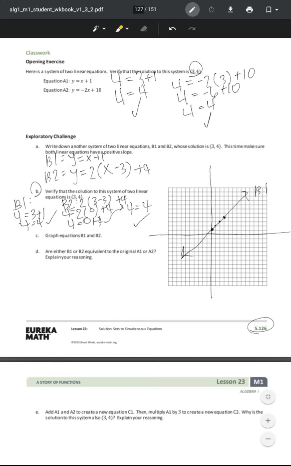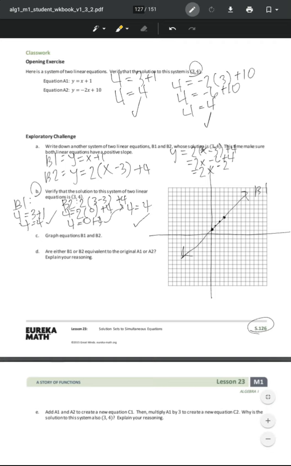Okay, to graph B2, we still need to know the slope and the y-intercept. So just to distribute and get that, we have y equals 2 times (x minus 3) plus 4. So when I distribute 2, I get 2x minus 6 plus 4. And this gives me 2x minus 2.